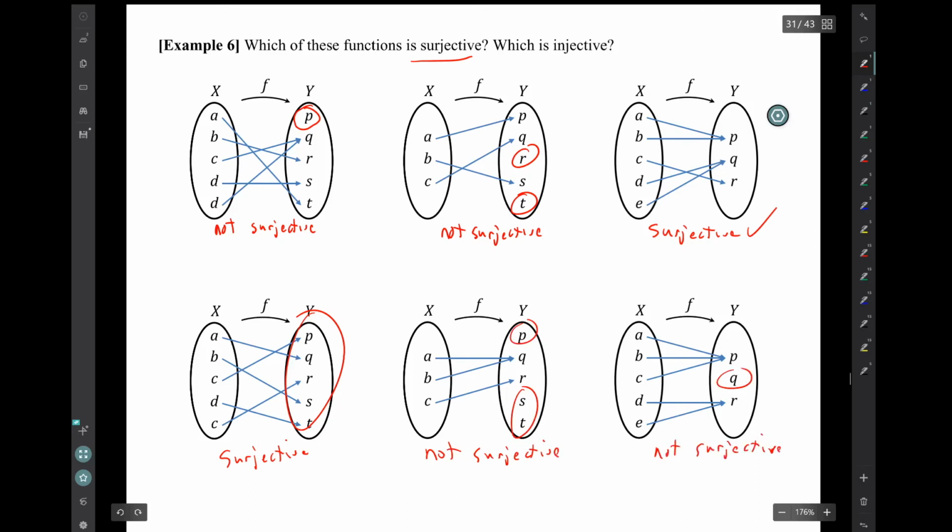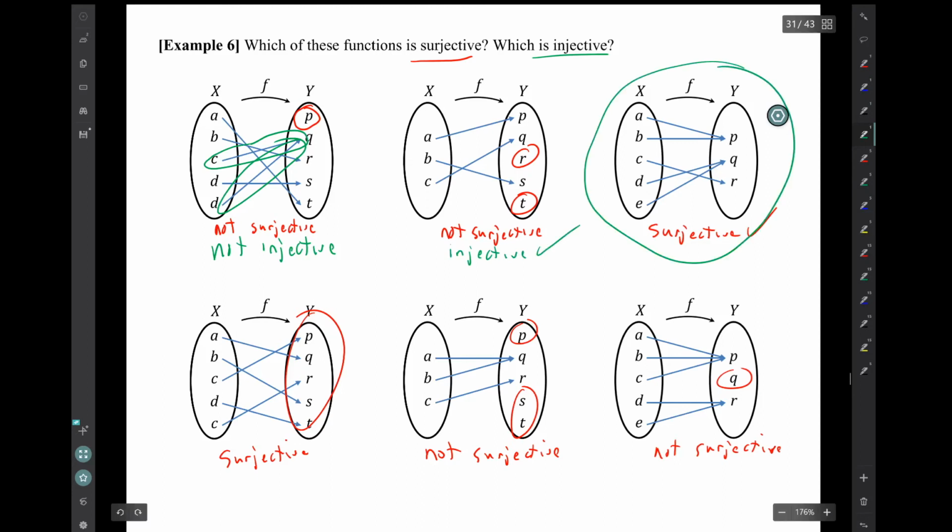Now let's consider injective. Are there any cases where two inputs cause the same output? And there are. Those two inputs cause the same output. How about this function? Well, there are no two inputs that cause the same output, so this function is injective. What about this function? Notice that these two inputs cause the same output, and these two inputs cause the same output.